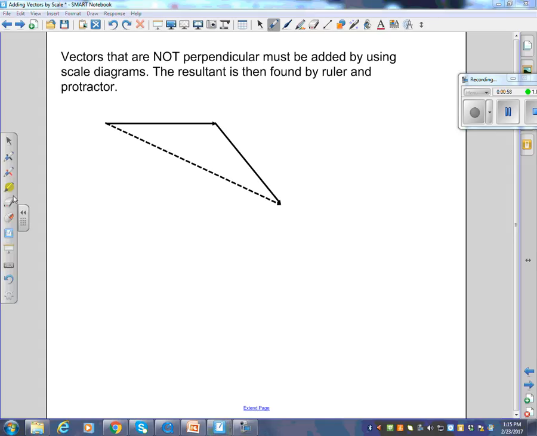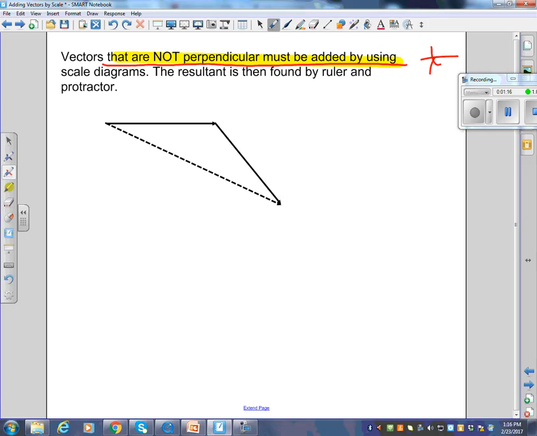I'm going to highlight that. I'm going to underline it. I'm going to put a star beside it. This is the number one reason.